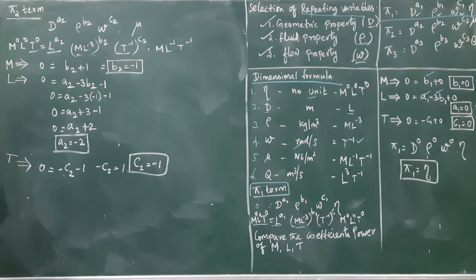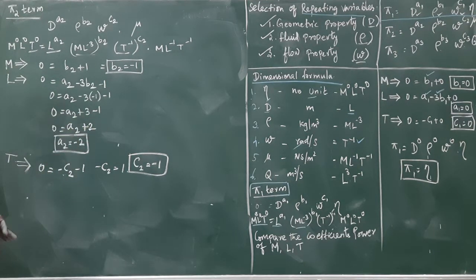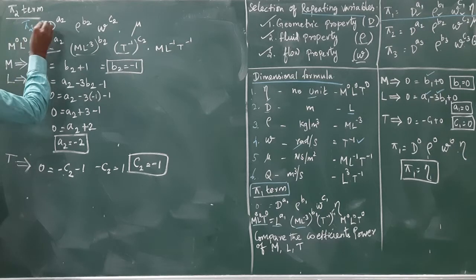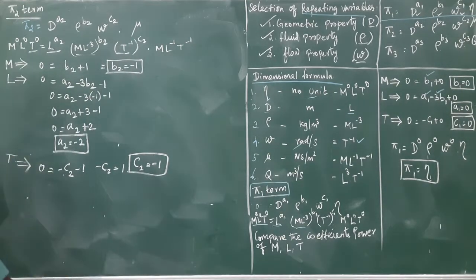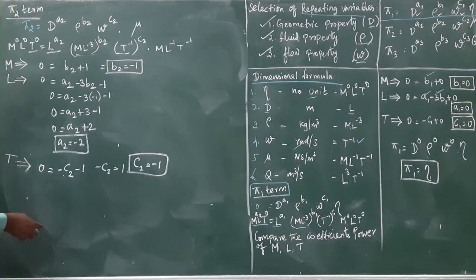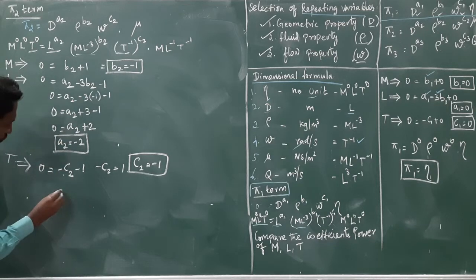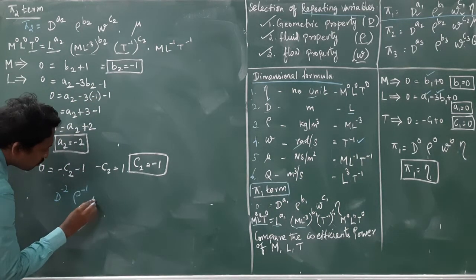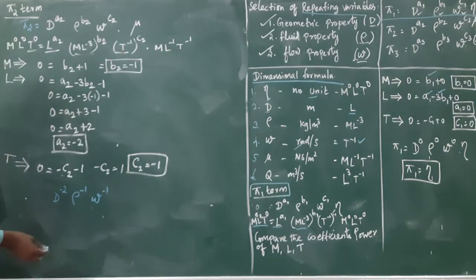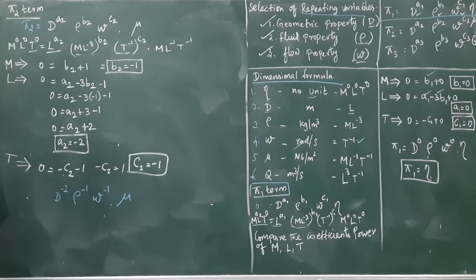For the second pi term, we can find out the A2, B2 and C2 values. Substituting in the pi 2 term, which is D power A2, rho power B2, omega power C2 into mu. Substituting the A2, B2 and C2: D power A2 is minus 2, rho power B2 is minus 1, omega power C2 is minus 1 into mu.